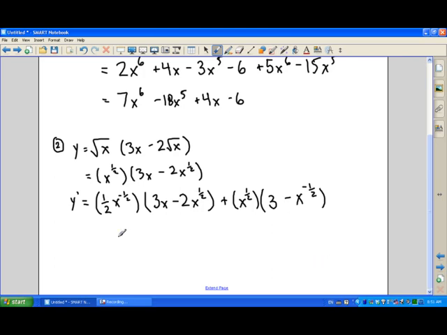And now, just like in the first question, I need to simplify. So I'll distribute into the brackets. And by distributing, I get 3/2 x to the 1/2 minus 1 plus 3 x to the 1/2 minus 1.